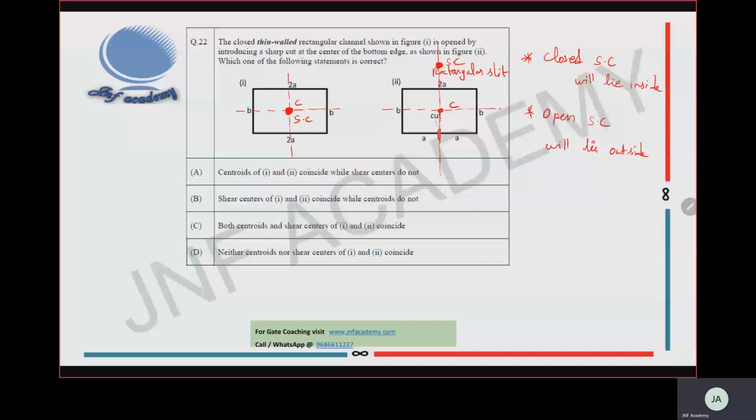For any open section, the shear center will lie outside. If any one axis symmetry exists, it will travel along that axis of symmetry. Okay. So in these two cases, our centroid is same, but shear center is not at the same location. So the correct option is A. Centroid of first and second coincide, but the shear center will not coincide. Okay. Then the next question.